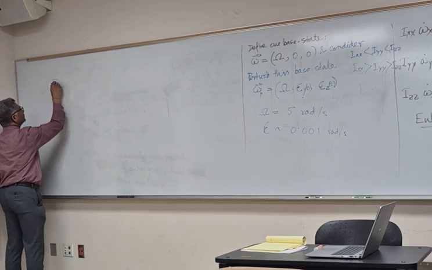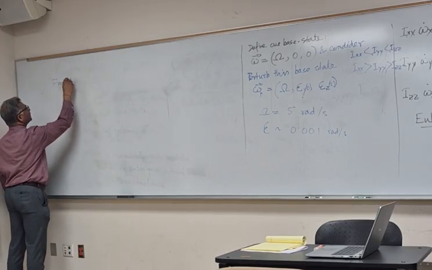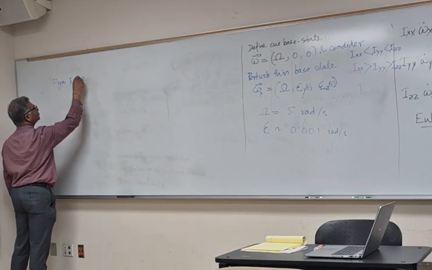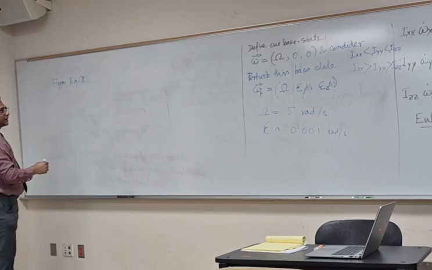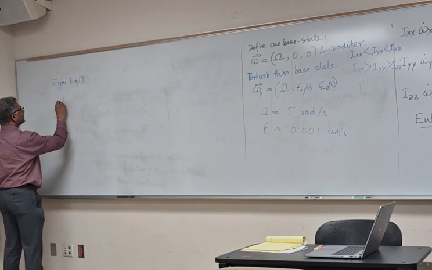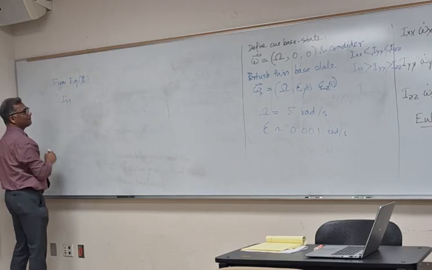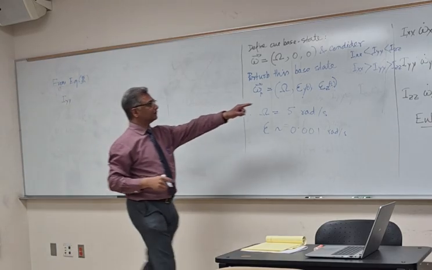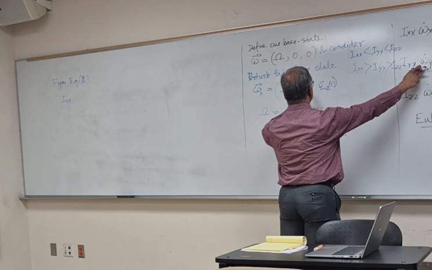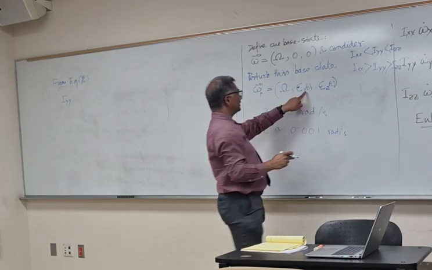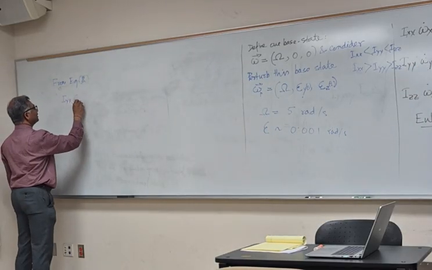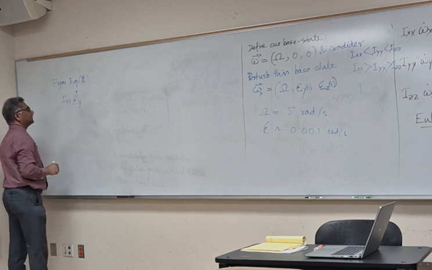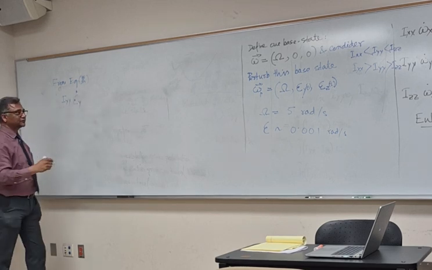Let us do it from equation 2. What we get from equation 2 is Iyy, and instead of omega y dot, what I am putting here now is epsilon y dot, epsilon y differentiated with respect to time, right?